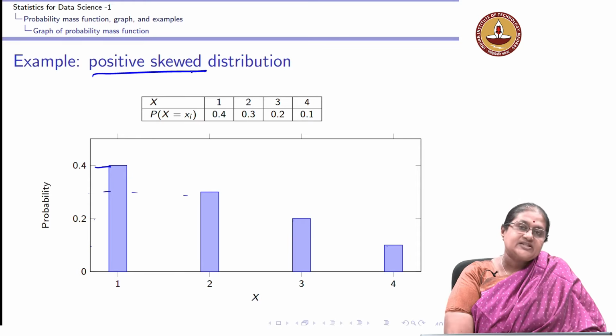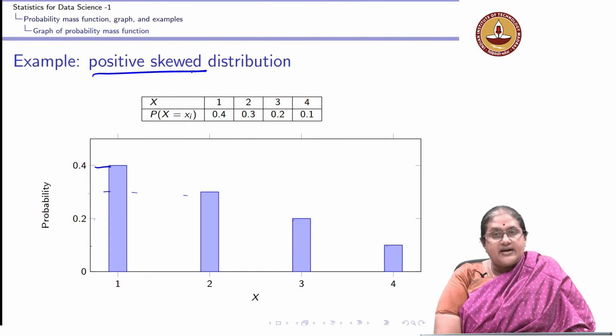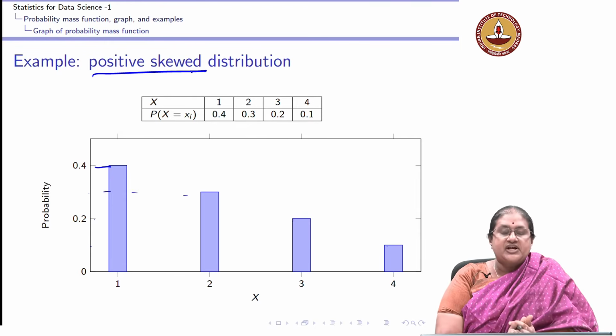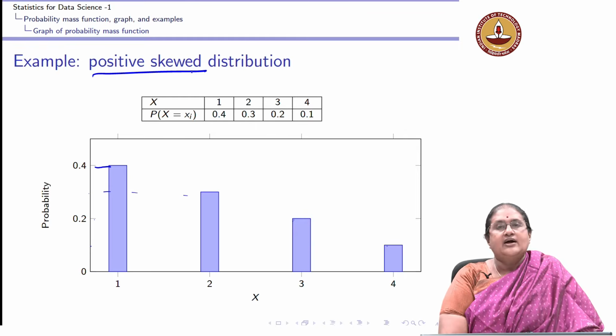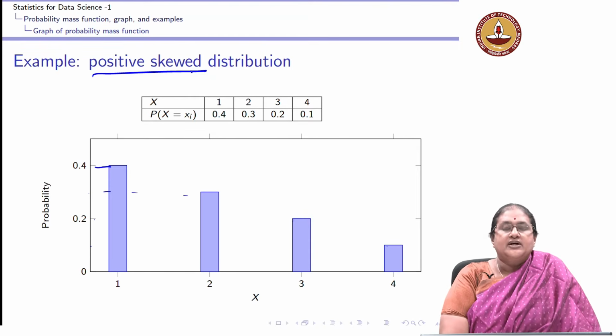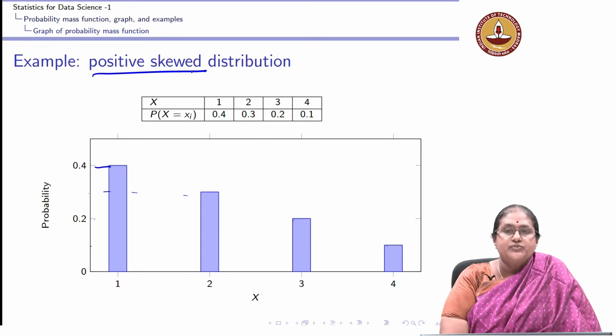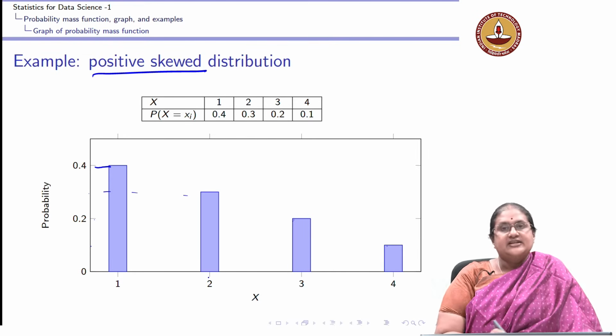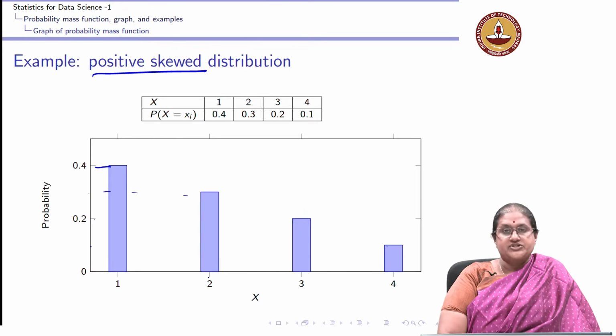So, in advanced courses, in addition to the center and variability, the shape of a distribution is very important. So, you can see that this is a skewed distribution.